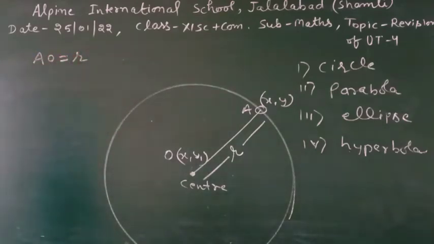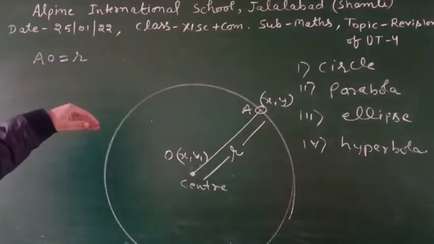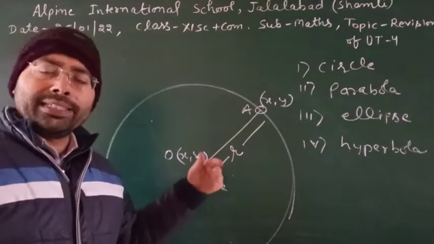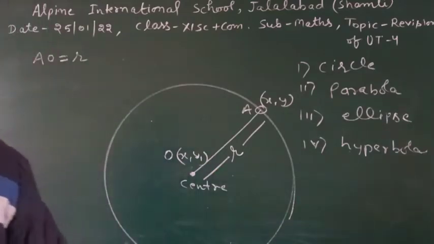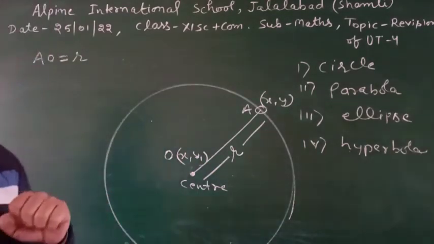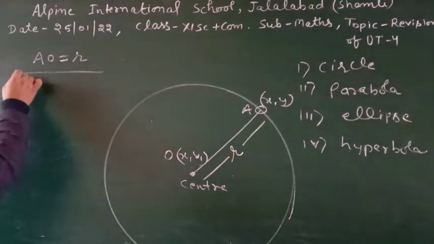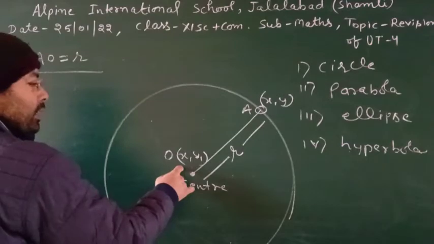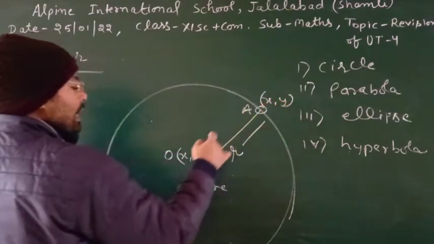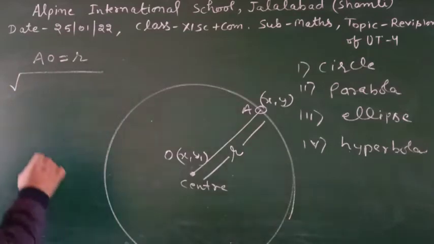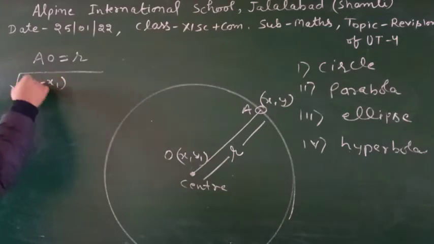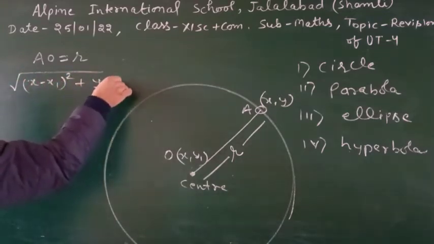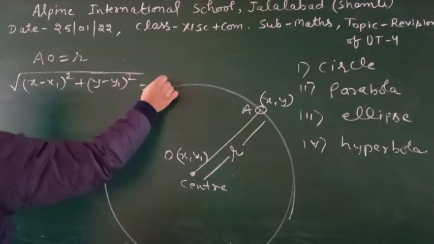Now by using the distance formula, we can write the value of AO as the square root of (x minus x1) to the power 2 plus (y minus y1) to the power 2, and this will be the distance from A to O, equals r.